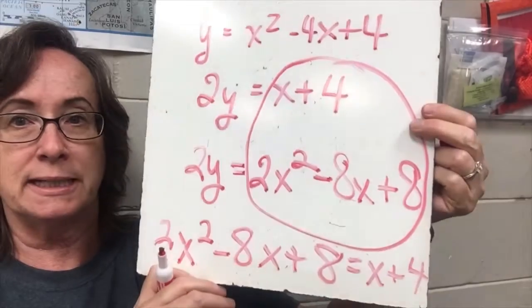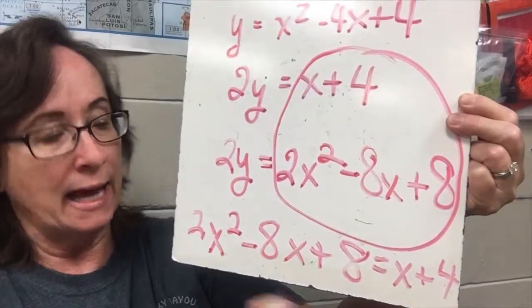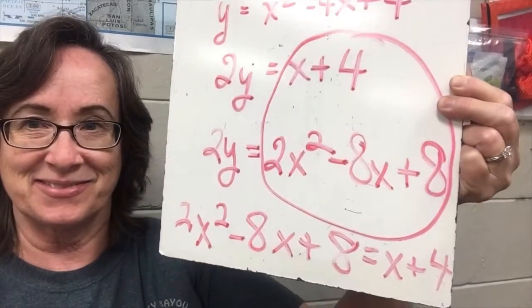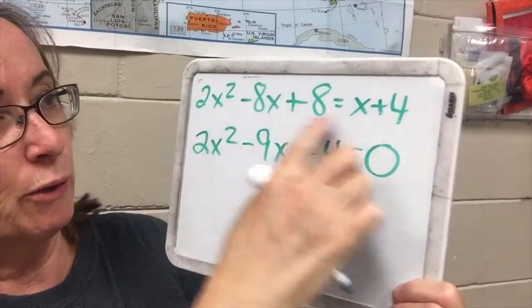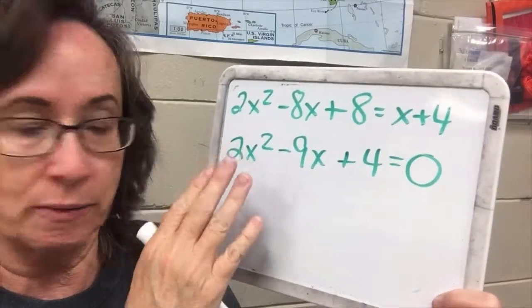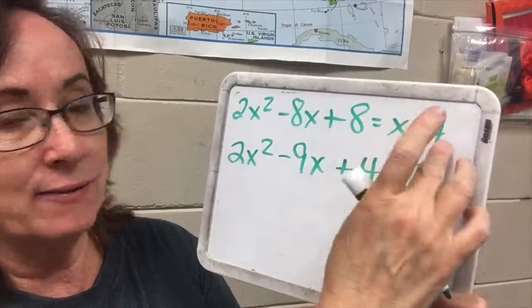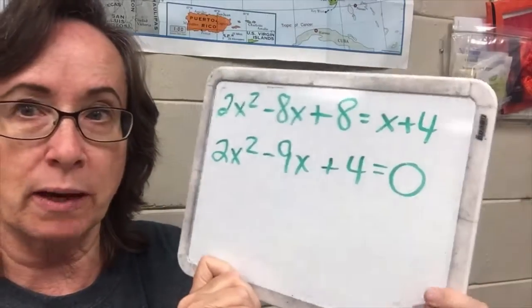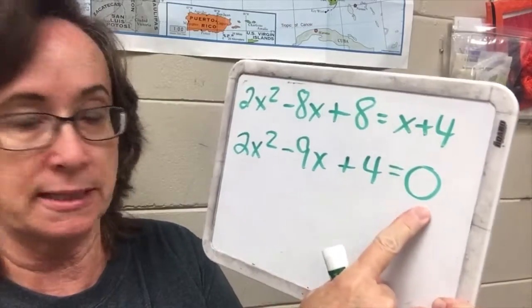Now I'm going to take this bottom line and simplify it. I wrote it out again, and then I got everything on one side so that I have a 0 on the other. We always want a quadratic to be set equal to 0.